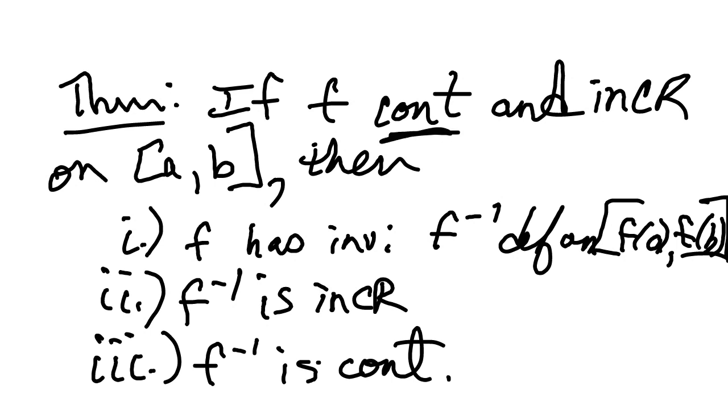If you have continuity and increasing for your function, then the inverse is going to be continuous and increasing on this interval. Okay, so that's a nice result to verify what we saw with that line inverse that we just looked at.